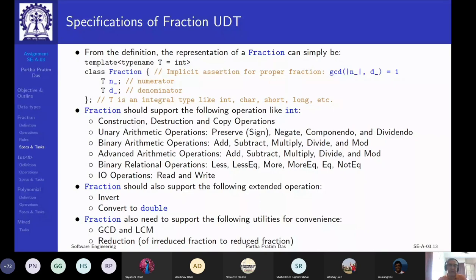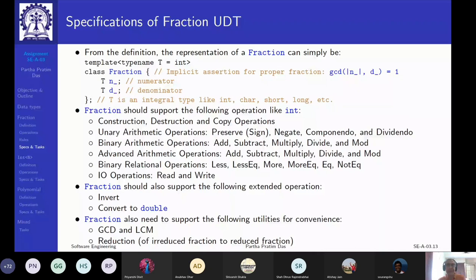So I'm saying that the fraction is parameterized by a template parameter T, so that the numerator and denominator could be of any integral type. So I can have fraction of int, fraction of char, fraction of long, or fraction of any other type which behaves like the integral type.